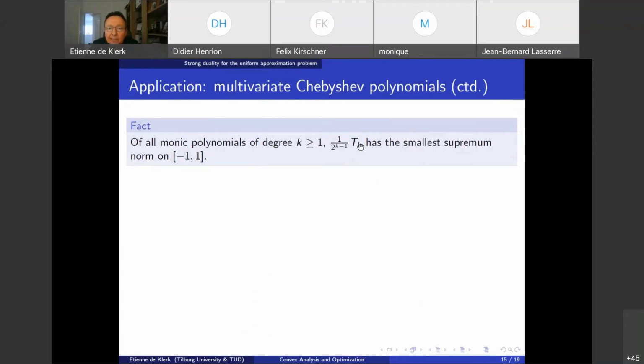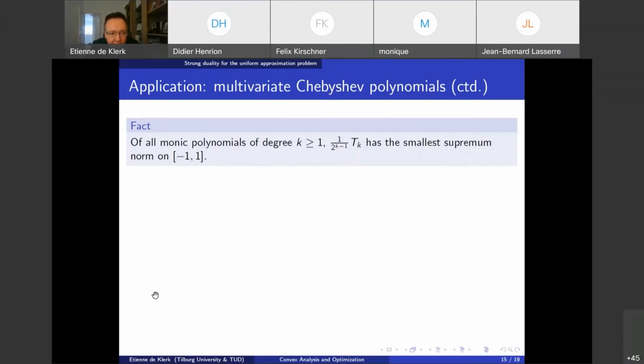Basically these T_k lie between -1 and 1, so the supremum norm of T_k is always 1. The supremum norm of this divided by 2^(k-1) is just 1 over 2^(k-1). So of all monic polynomials of degree k, this has the smallest supremum norm.